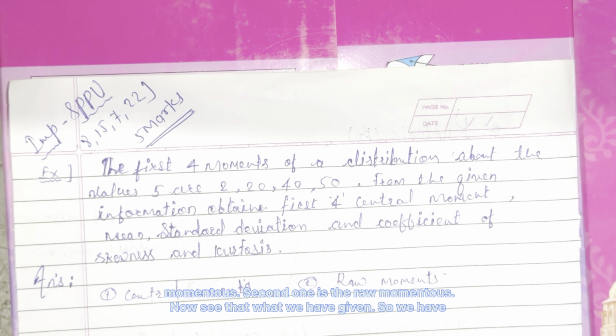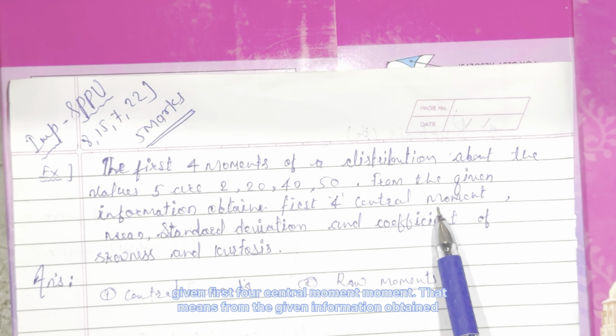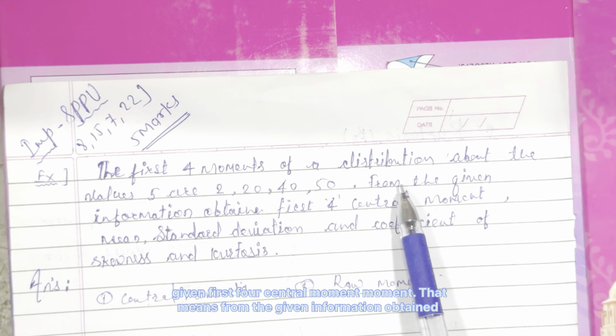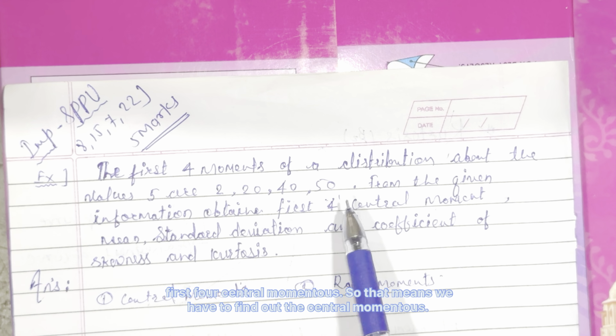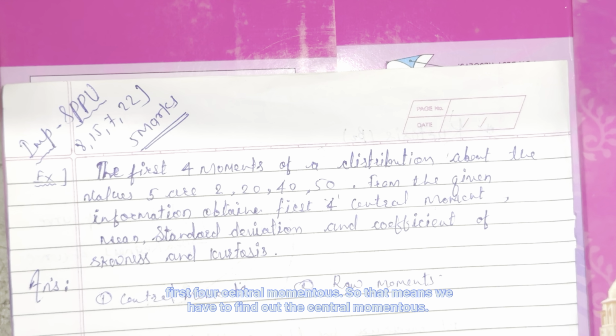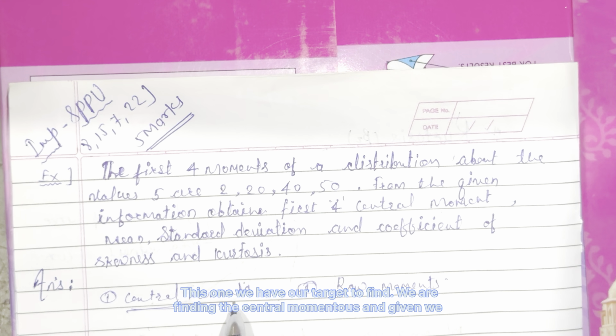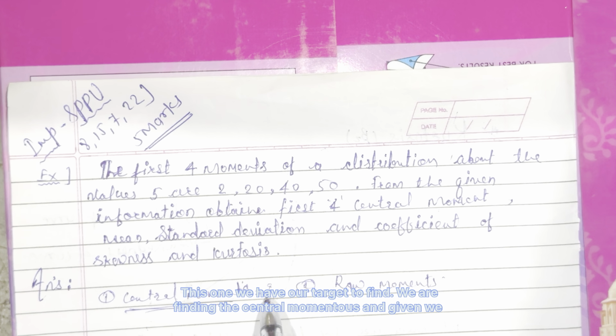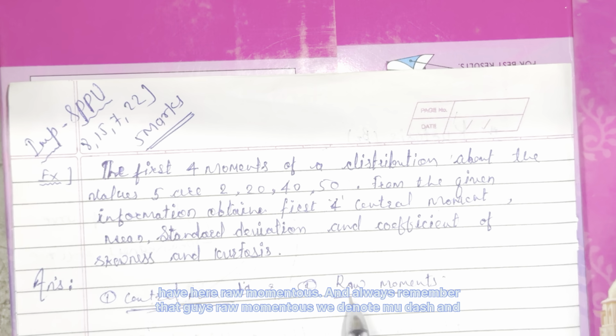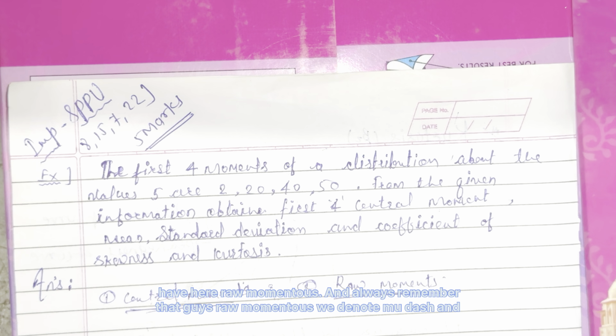Now see what we have been given: from the given information, obtain the first four central moments. That means our target is to find the central moments, and what is given here are raw moments.